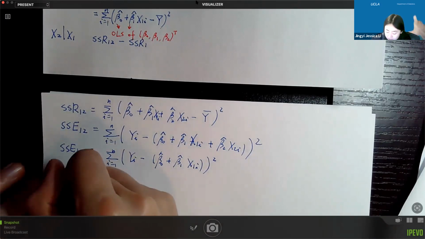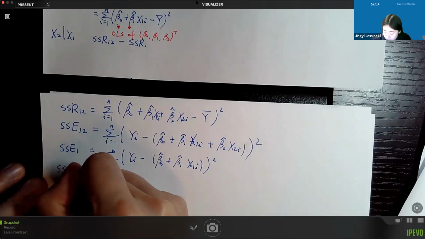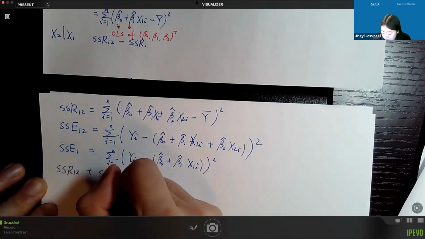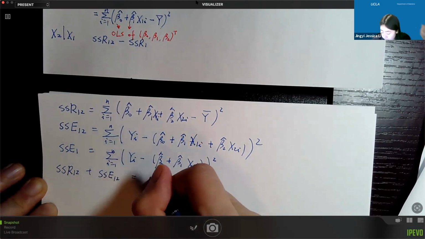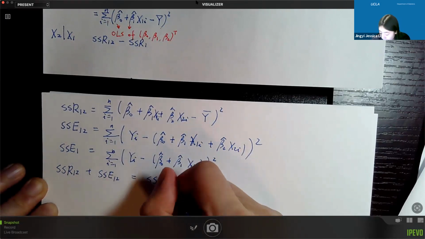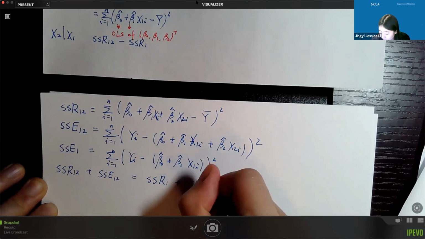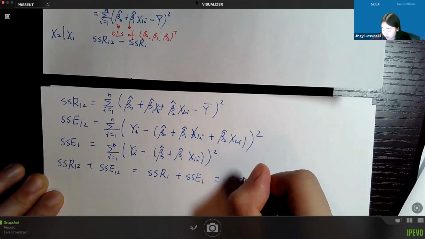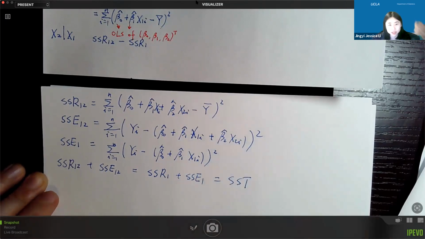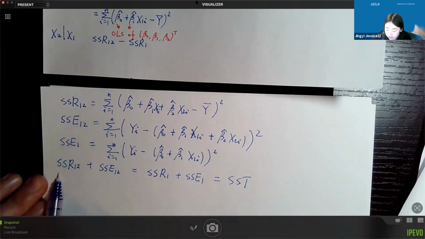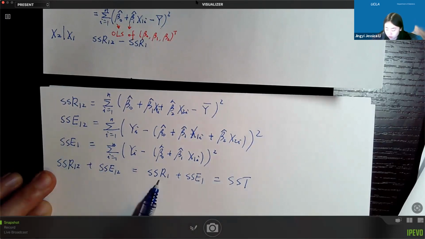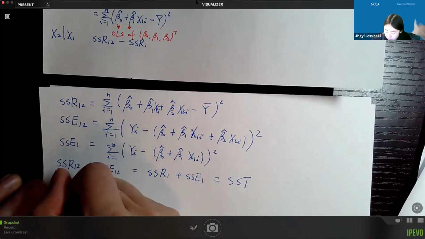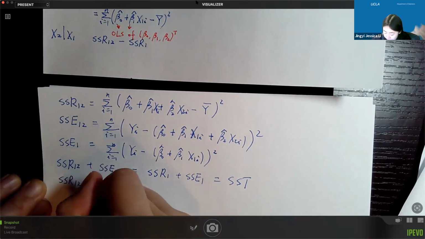That is, SSR12 plus SSE12 equals SSR1 plus SSE1, right? Because the sum of both is equal to SST. So I would have this. Then I can have an interesting relationship because SSR12 is bigger than SSR1 and SSE1 is bigger than SSE12. I can show that I have their difference equal.